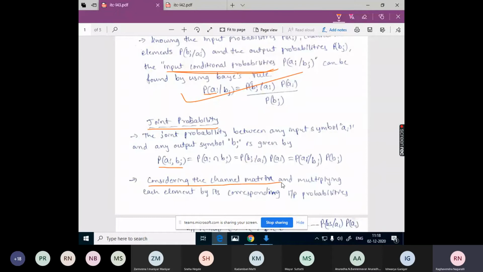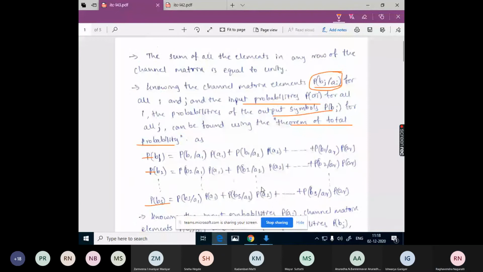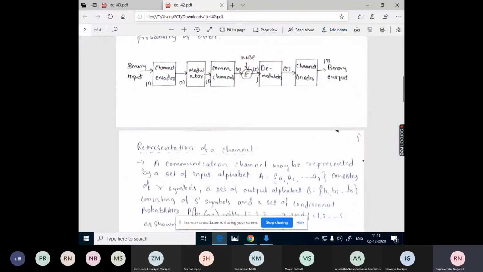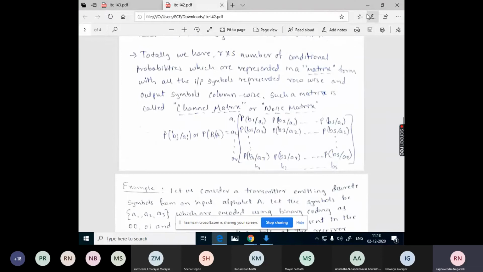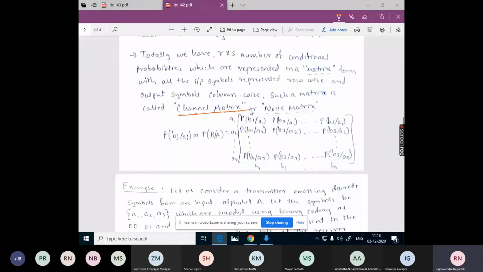Considering the channel matrix, which we saw in the previous class, it represents P of Bj by Ai, only the conditional probabilities. Which conditional probabilities? Output conditional probabilities. The elements of this channel matrix are the output conditional probabilities for all possible input symbols and all possible output symbols.